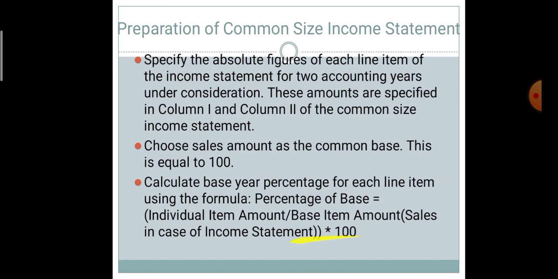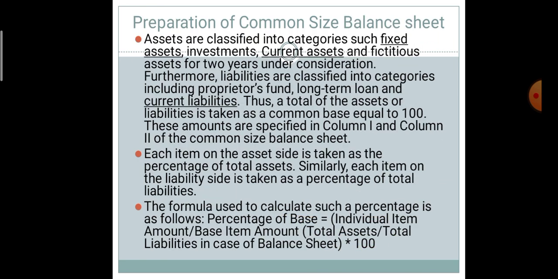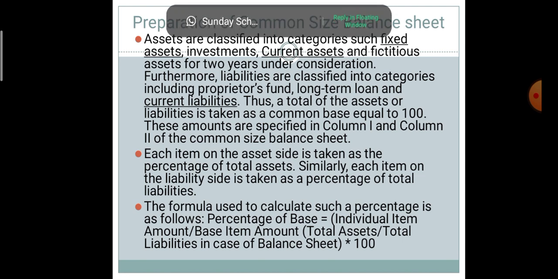Now once again I'll go through the explanation of how to prepare the common size statement. In case of comparative statements, common size statements are prepared with the help of 5 columns. The first column contains details of particulars.